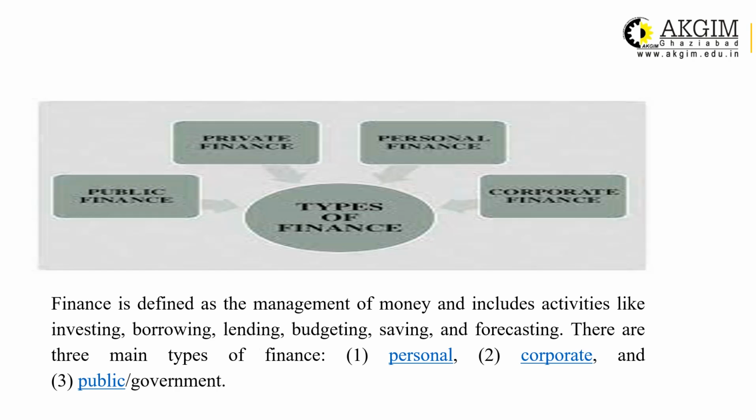It is similar to a car loan or education loan or any loan for a personal need. In case of corporate finance, the finance and all related activities are related to a company, a business organization. It can be a small business or a large business. In case of government or public finance, it is related to the finance matters of a government. It can be central, state government, or any public company.